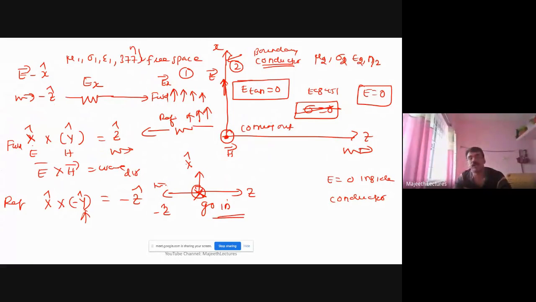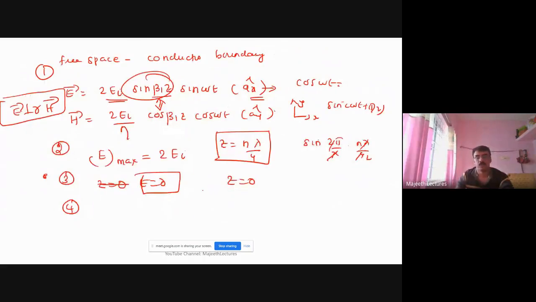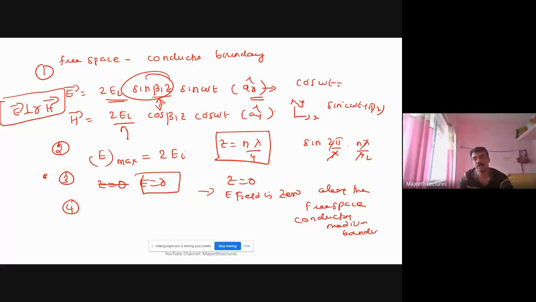So here the electric field must be 0. On the boundary, the electric field is 0. So the electric field is 0 along the free space conducting medium boundary. This we must remember. Very, very important concept.